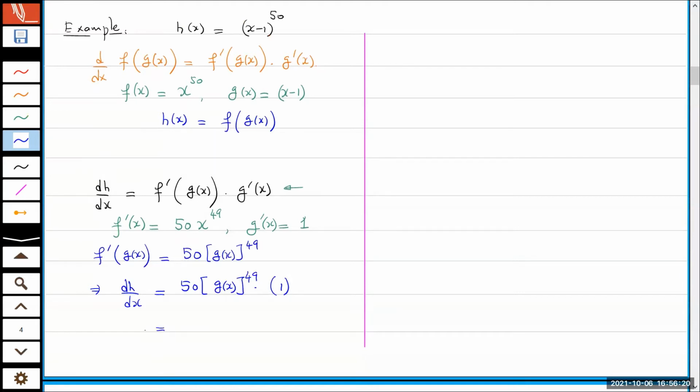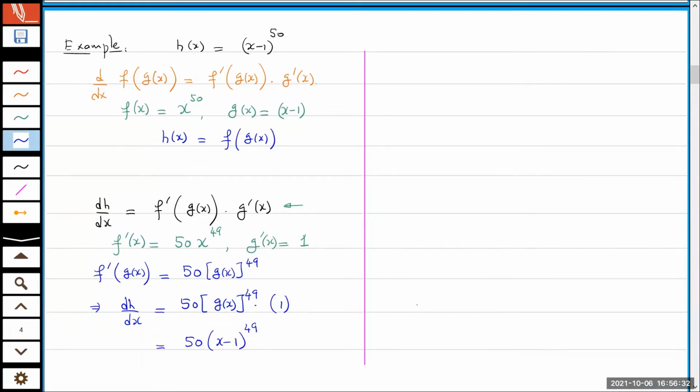G of x is x minus 1, so 50 times x minus 1 to the power 49. This is the derivative of x minus 1 to the power 50. And this is how I can set it up using the composition form. I have to write two functions and express my function as a composition of those two, and then I can set it up.